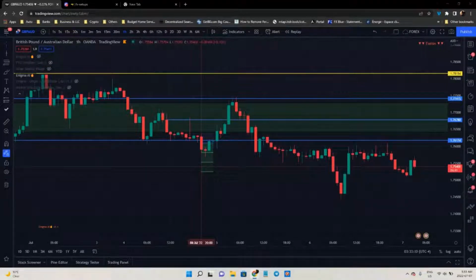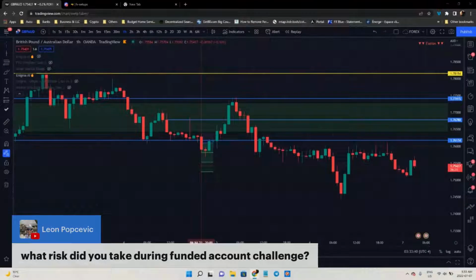If we're in a downtrend, I would only look for sells, and if we're in an uptrend, we're only looking for buy setups. Bullish for buys and bearish for sell setups, but that's pretty much it on that.